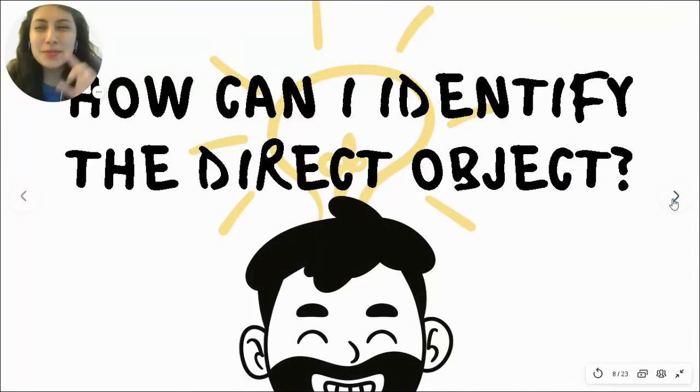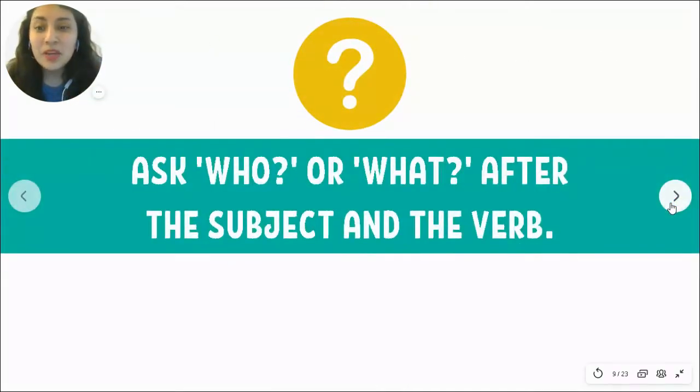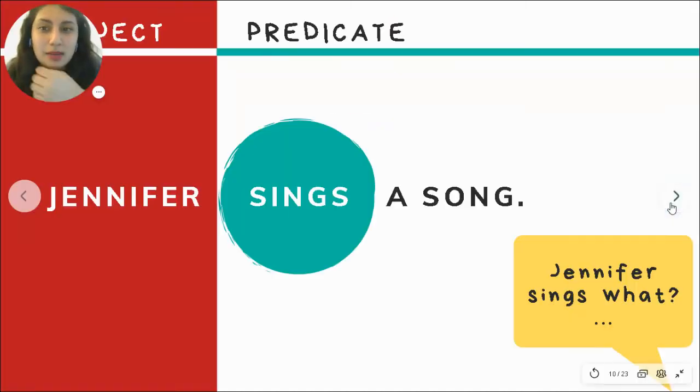We're going to see some more examples to be a little bit clear. So it says, how can I identify the direct object? As far as we know now, we need to ask who or what after the subject and the verb. Let's see this example.